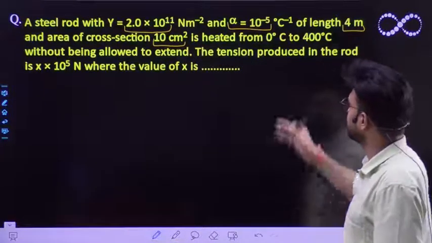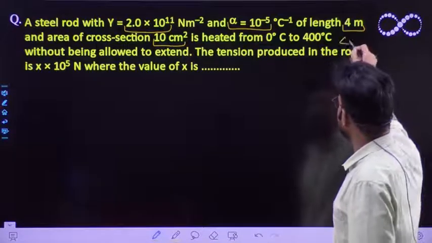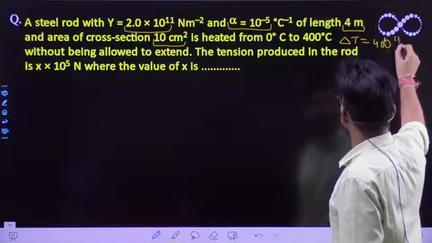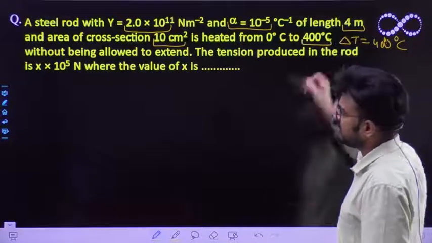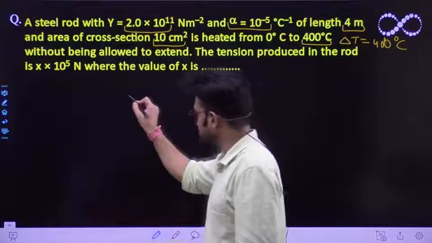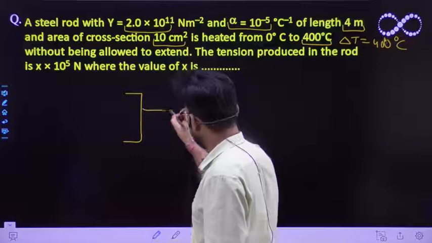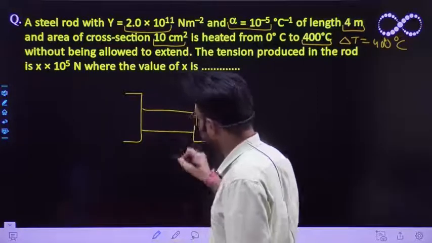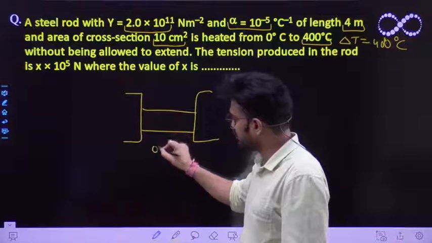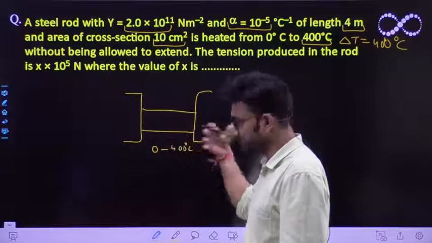It is heated from 0 to 400 degrees centigrade. So that means this delta T, the change in temperature, is 400 degrees centigrade, without being allowed to extend. So the question is just like this: if a steel rod at its natural length is placed like this, and it's been heated from 0 to 400 degrees centigrade, what is going to happen?